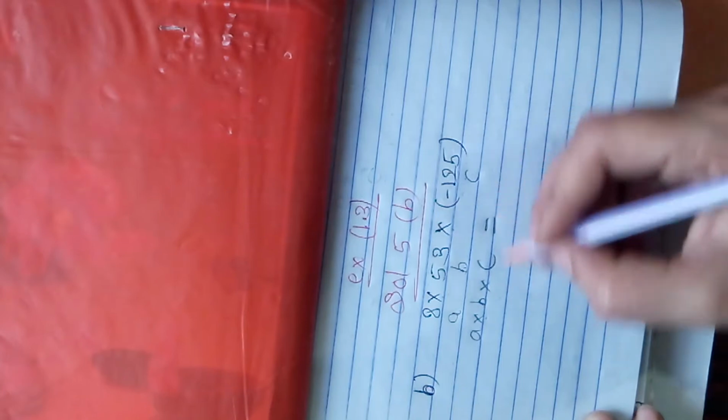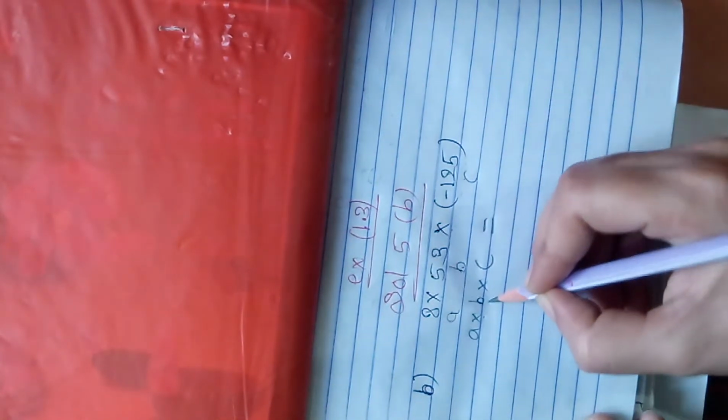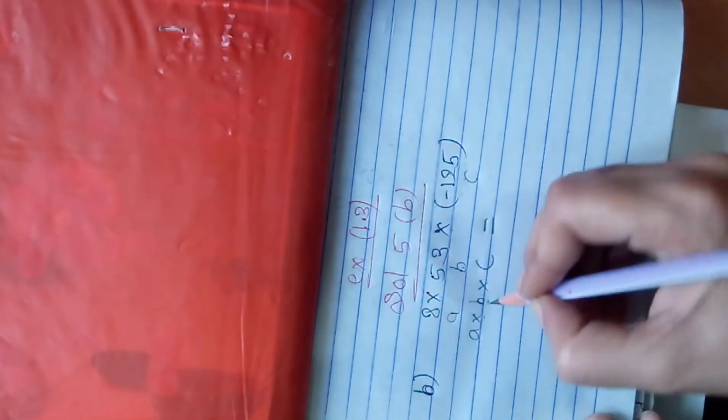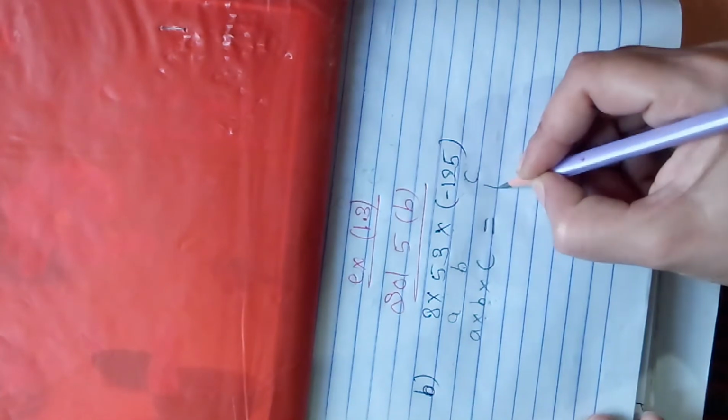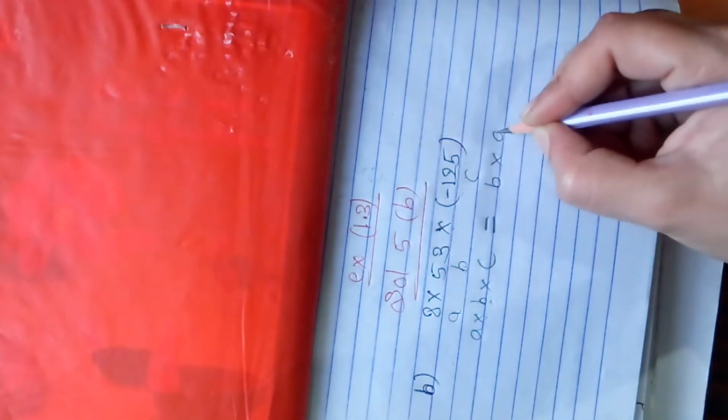See here very carefully. If I write first this B which is in the middle, I can write this B cross A cross C.